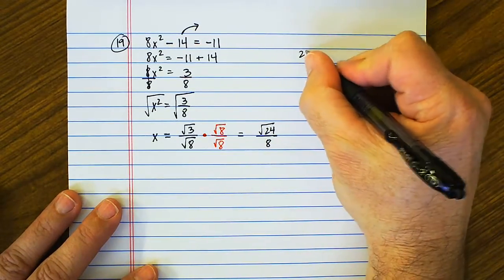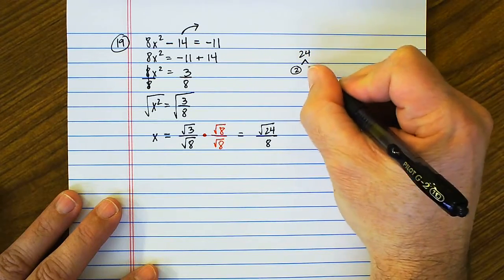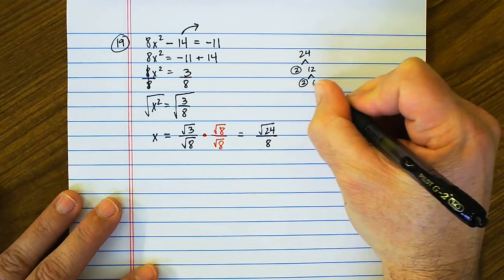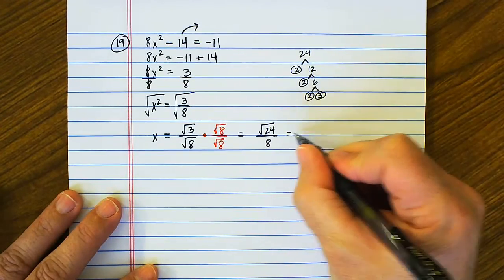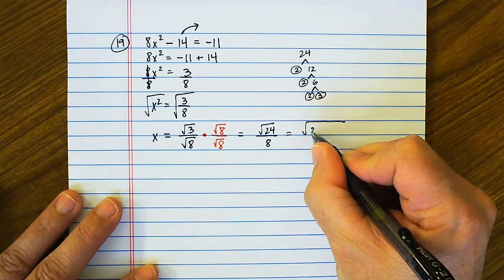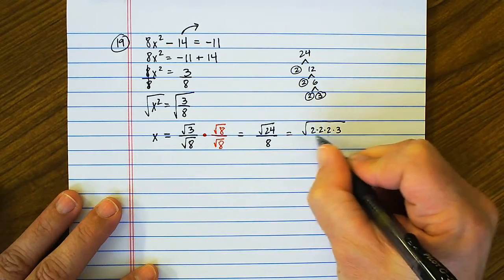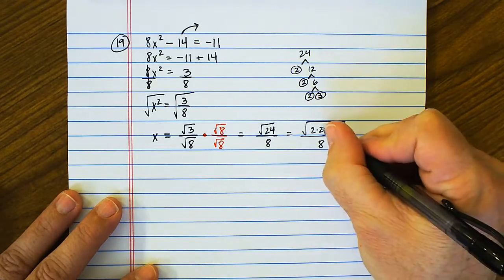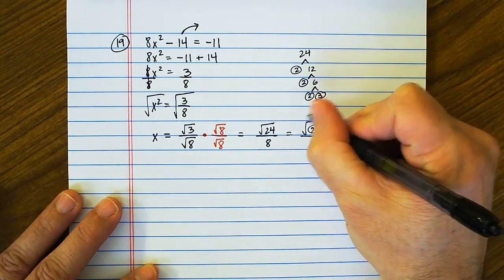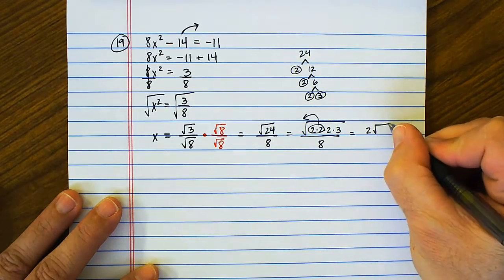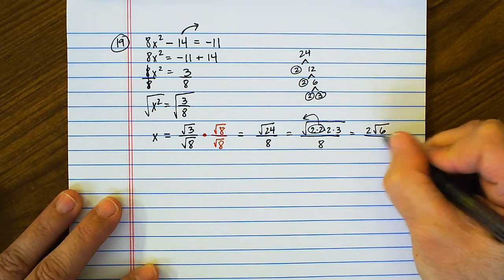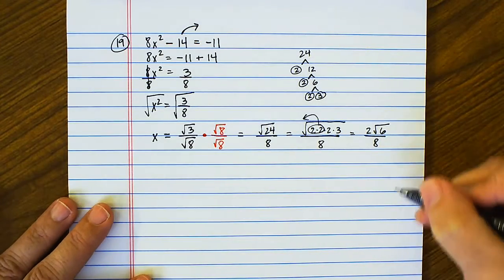Got to check 24, so 24 is 2 times 12, 2 times 6, 2 times 3. You can see I'm going to have a pair. So that is 2 times 2 times 2 times 3 over 8. There's a pair that comes out. So now I have 2 radical 6 over 8.